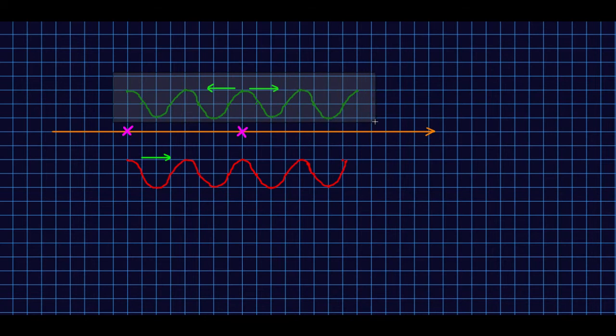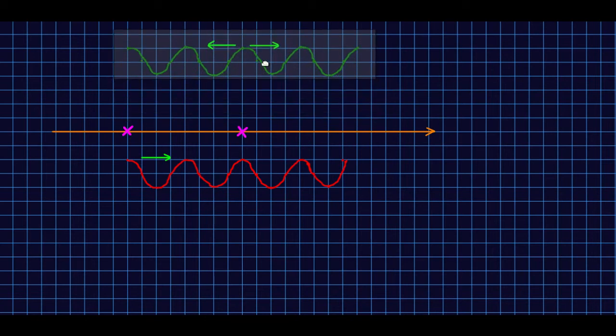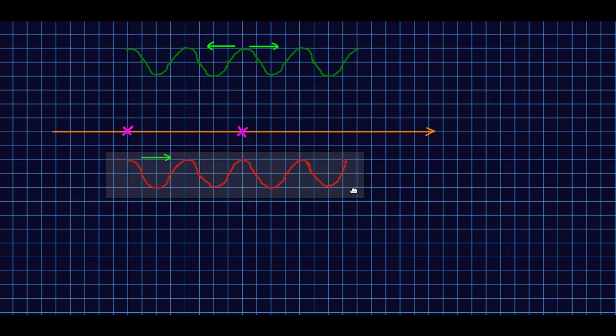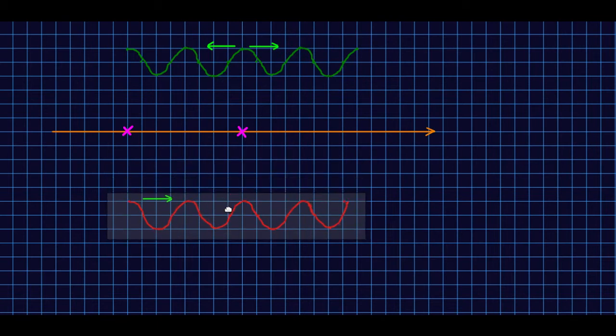So I'm going to move them up and down so that I can draw some other things here. But one thing to notice, if you look back at the simulation, is that the distance between the sources that I chose, so I'll call that distance d, that distance is 2 times the wavelength.